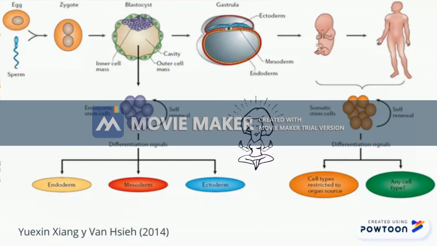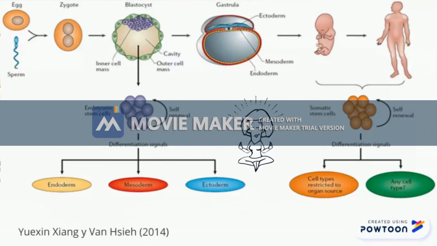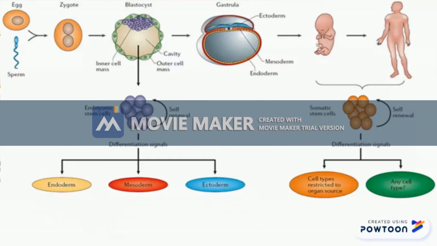In this stage, embryonic stem cells are renewed and generate different signals such as endoderm, mesoderm, ectoderm, which are part of the organogenesis, which allows the embryonic cells to transform into the different organs that make up an organism.